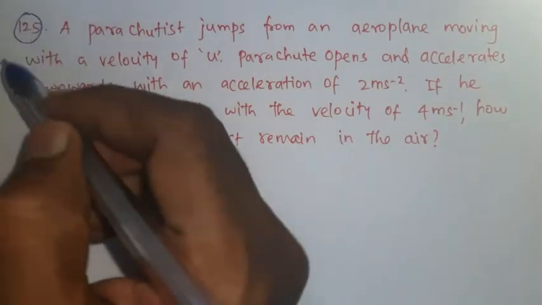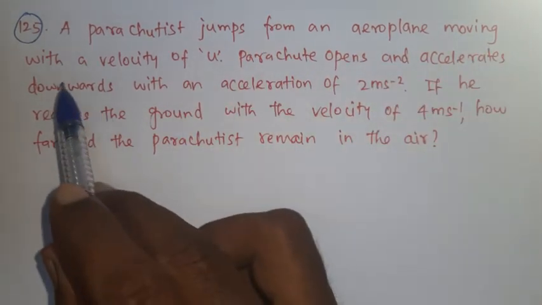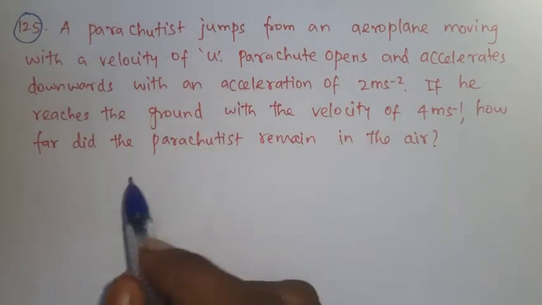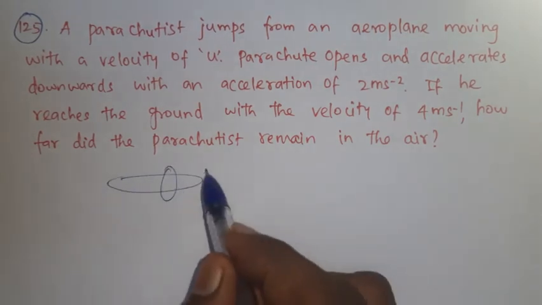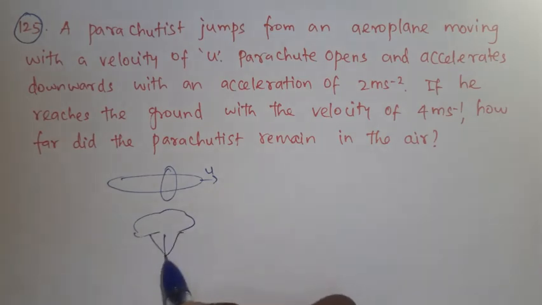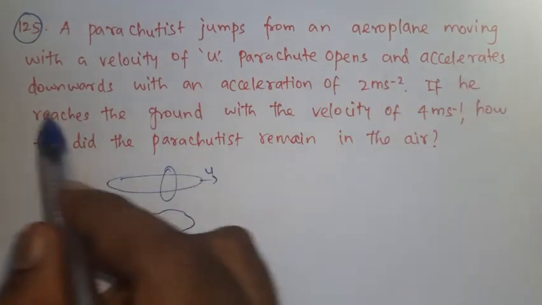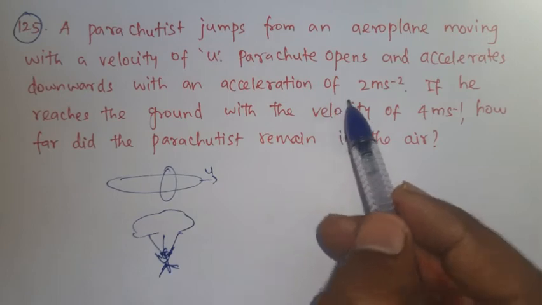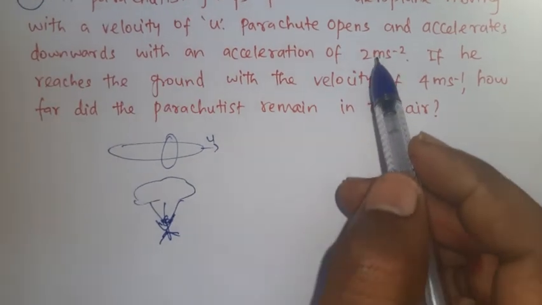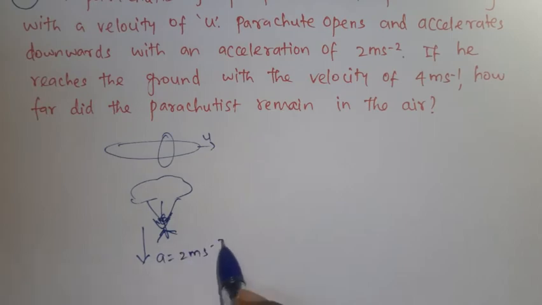Question number 125. A parachutist jumps from an aeroplane moving with a velocity of u. So the aeroplane is moving with velocity u, and the parachutist jumps from the aeroplane. The parachute opens and acts downwards with an acceleration of 2 m s power minus 2.